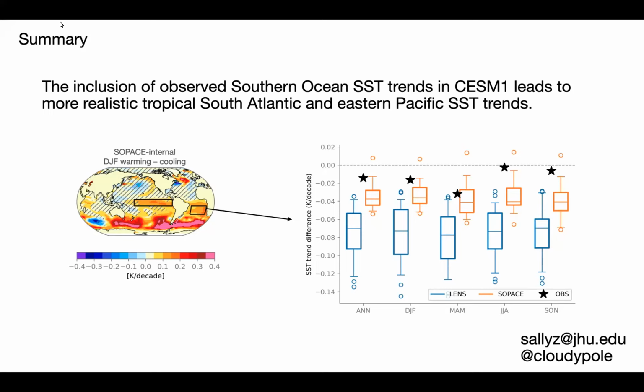Sorry, yeah, go ahead. I just wonder why there isn't a significant response in the tropics in response to the Southern Ocean cooling. So you think that's simply because the Southern Ocean cooling signal is too small to generate a significant teleconnection to the tropics?